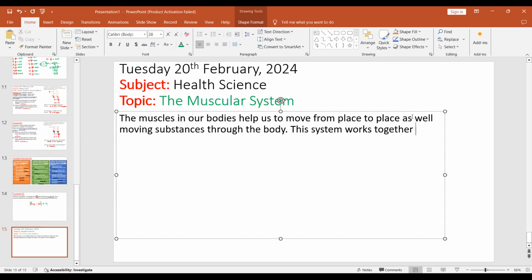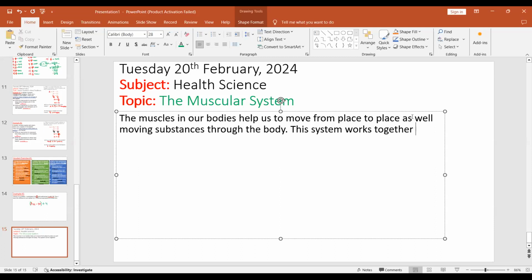I said the brain because doesn't the brain have to send out signals to say move, pump blood, and do other things? Okay, so what system is the brain a part of? The skeletal. No, not the skeletal. What system is it? The nervous system. The nervous system. So the muscular system works with two systems, right?